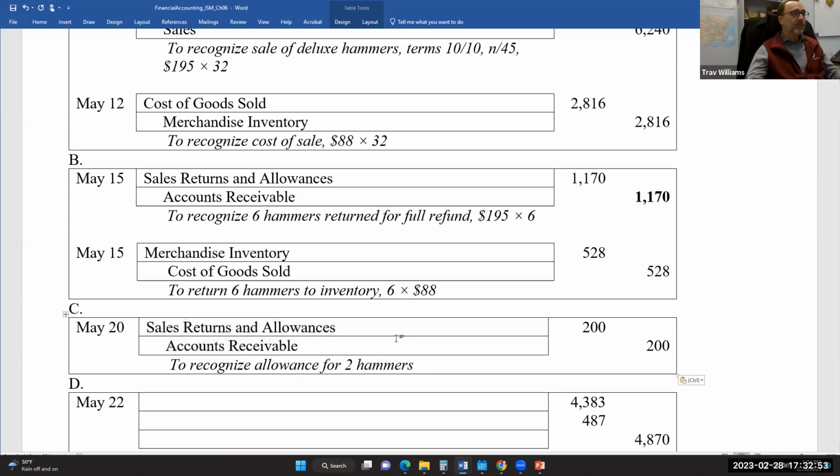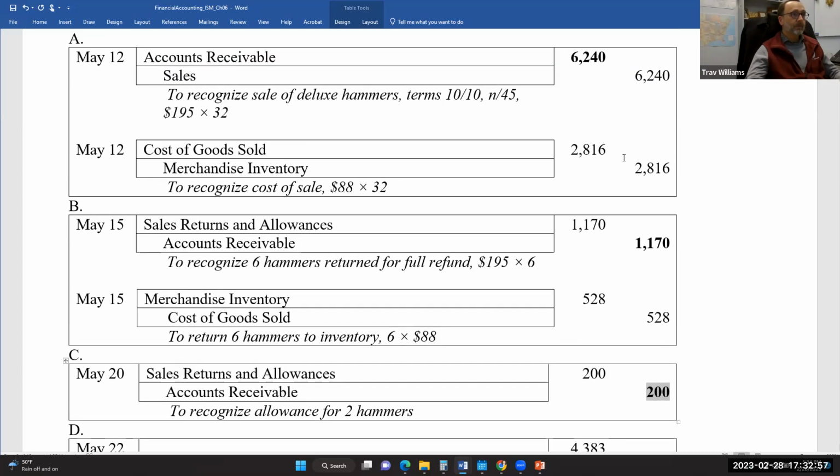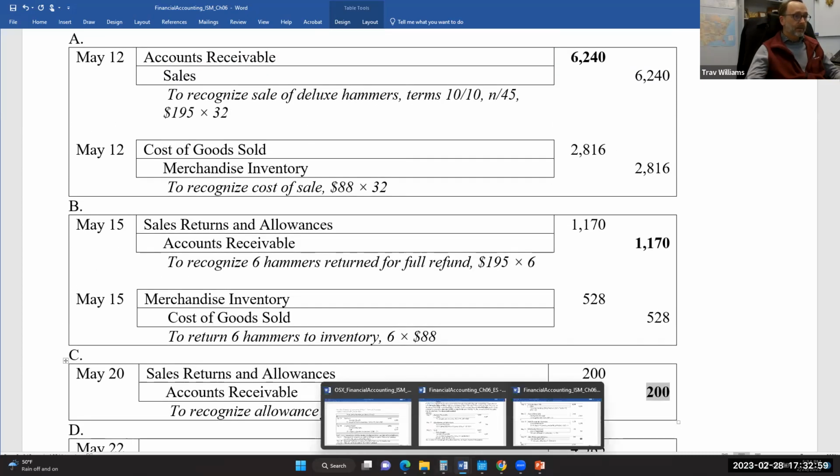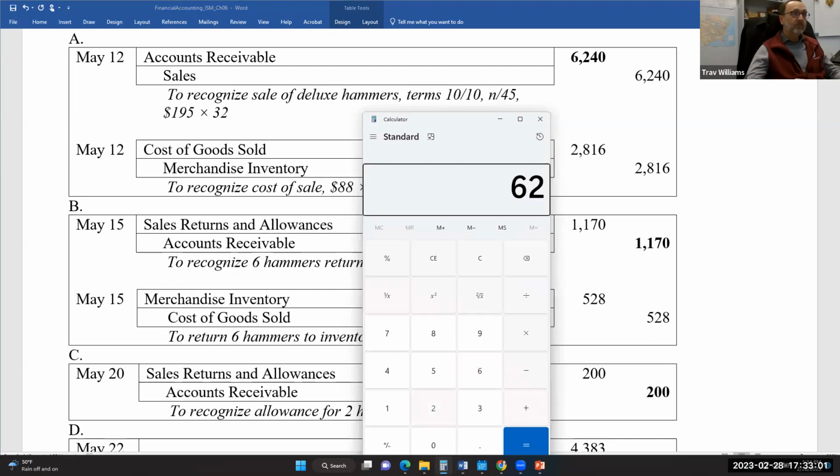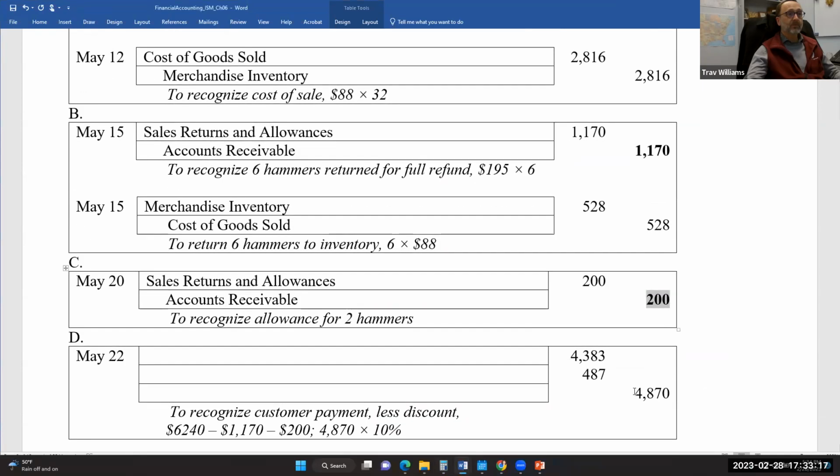Okay, so then when the customer pays, we have now reduced their original $6,240 of accounts receivable by $11.70 for the return, by another $200 for the allowance, and that leaves them $4,870 that they need to cover, right? So that is their remaining accounts receivable.